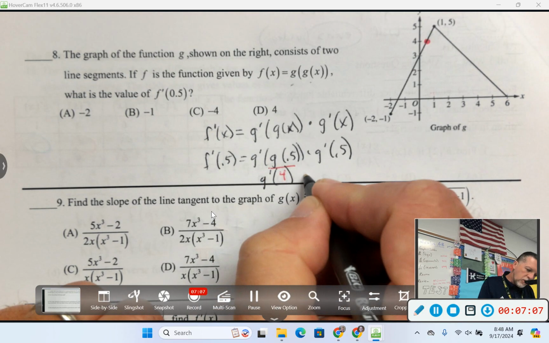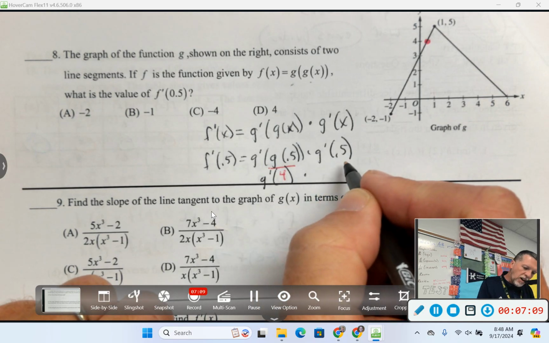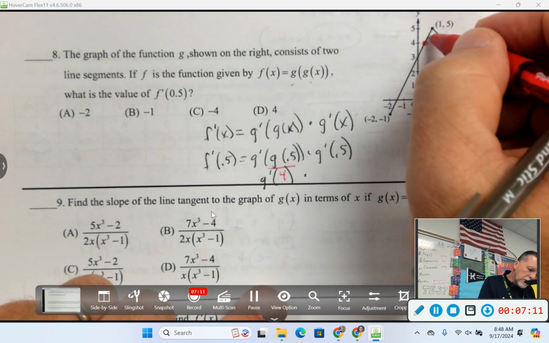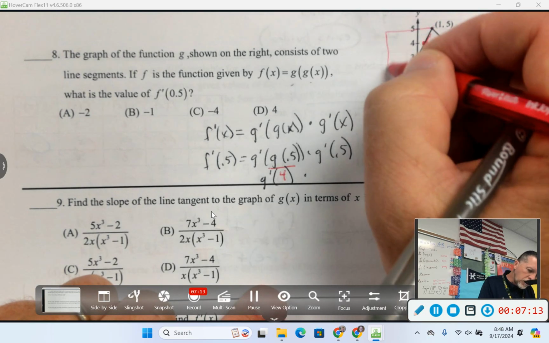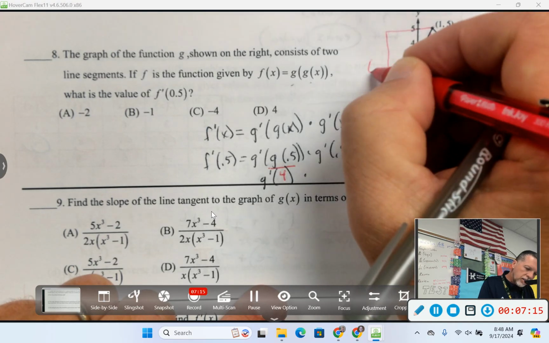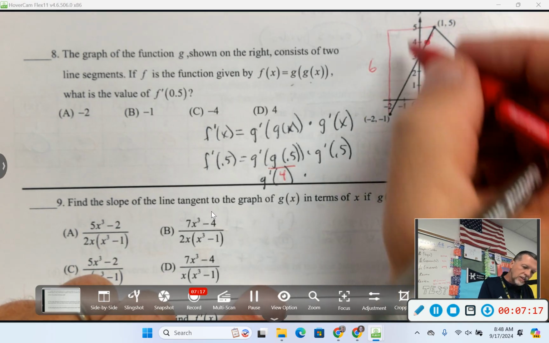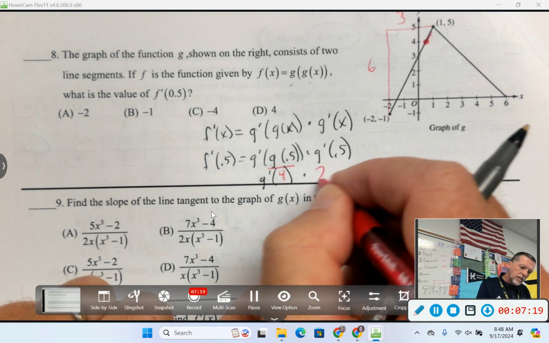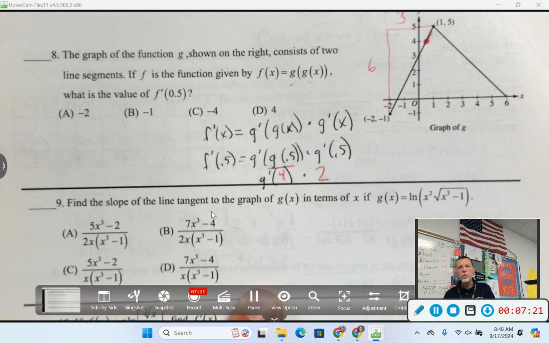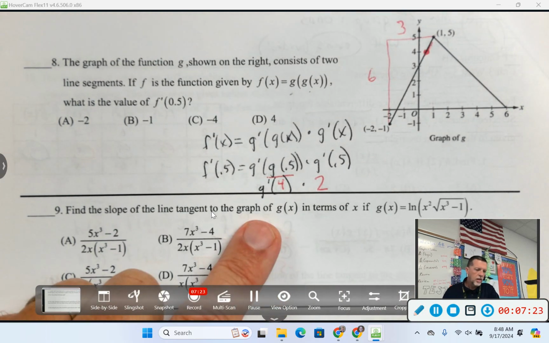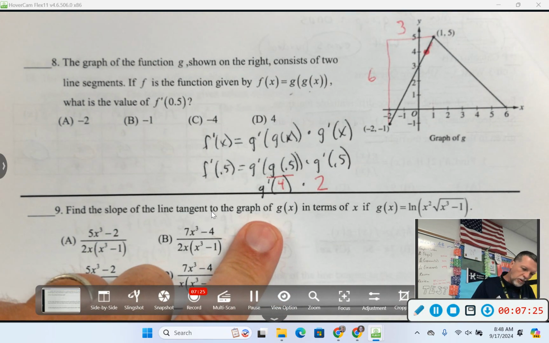g prime of 4 times g prime of 0.5. g prime of 0.5 would be this slope. Let's see, we would go up 6 and over 3. So that's a slope of 2. But I also need g prime of 4.